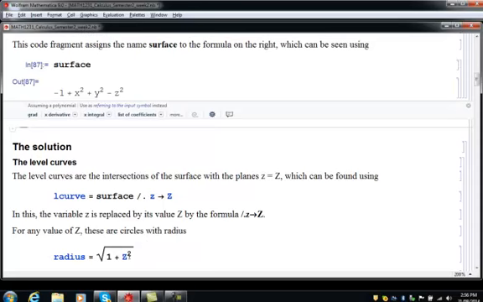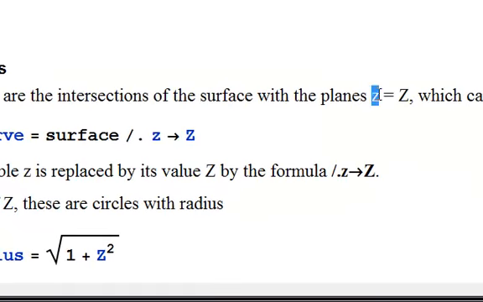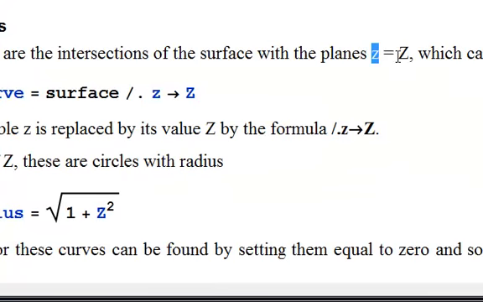Well, the level curves of a surface are the intersections of the surface with planes z, little z, which is the variable, equal to big Z, which will be a number.